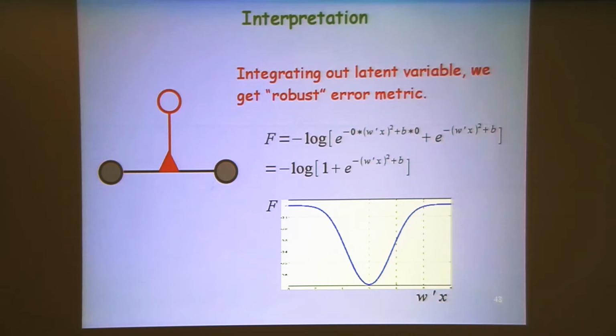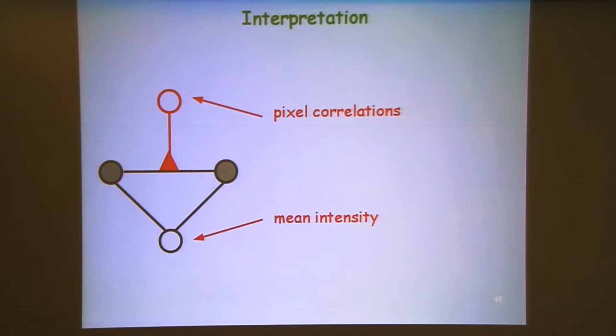Also here, because of this gating, it's a very powerful model because the actual number of parameters is very, very large. For every input, you get a different set of parameters, basically. So the take-home message is that we have a Markov random field with latent variables, where one set of latent variables takes care of setting the biases for the visibles, and another set of latent variables modulates the couplings between the visibles.